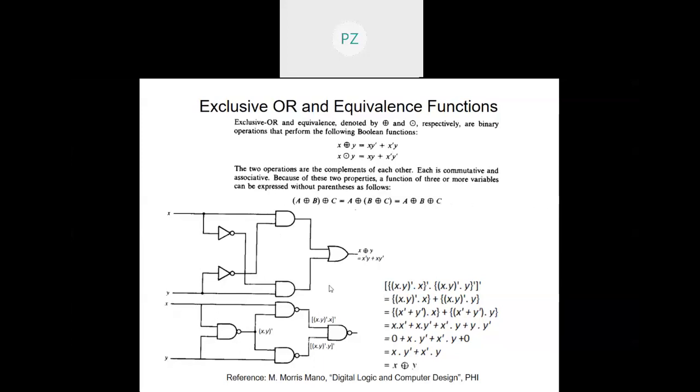Now, when it comes to realization of exclusive OR, from the very Boolean expression that we have seen here, x bar or x' comes here and this is y. So I get x'y, and over here I get xy'. When I OR them, so x exclusive OR with y is what I get, x'y plus xy'.